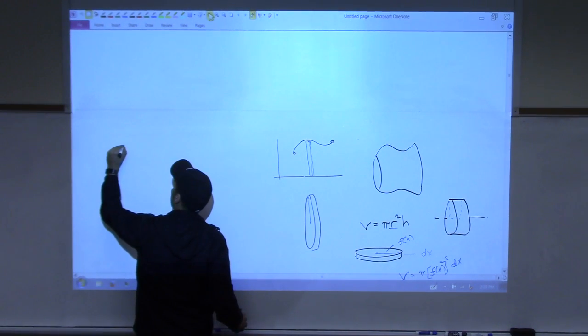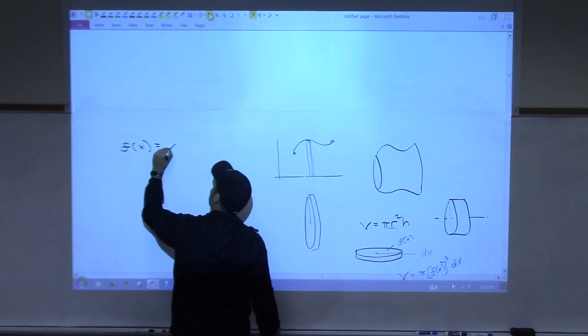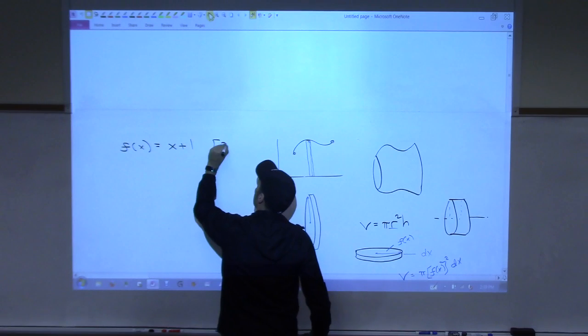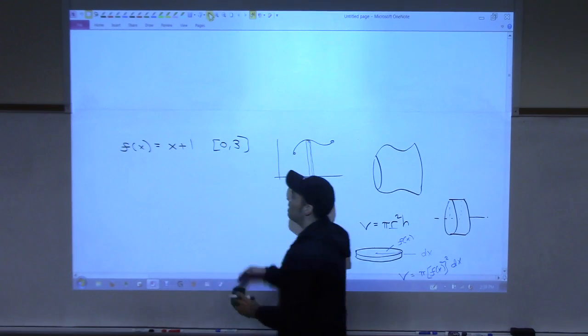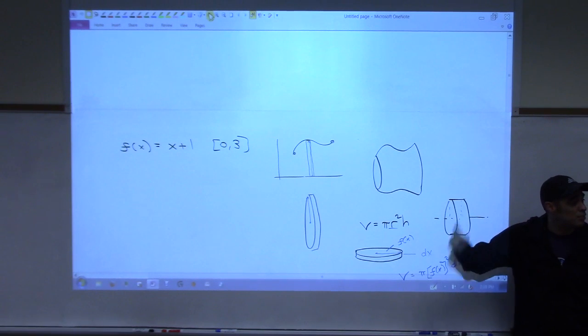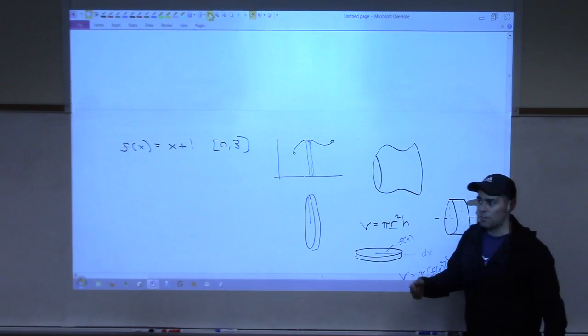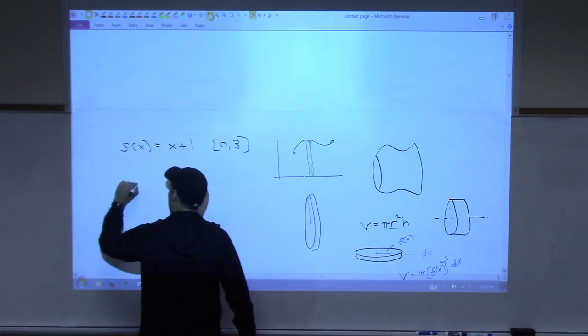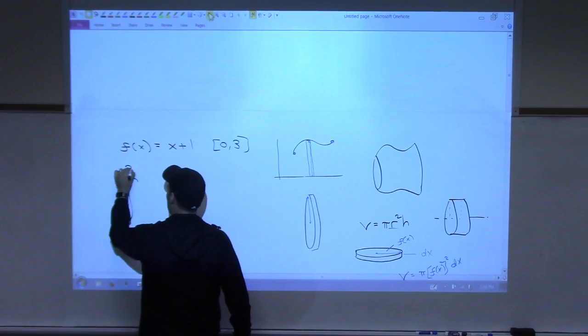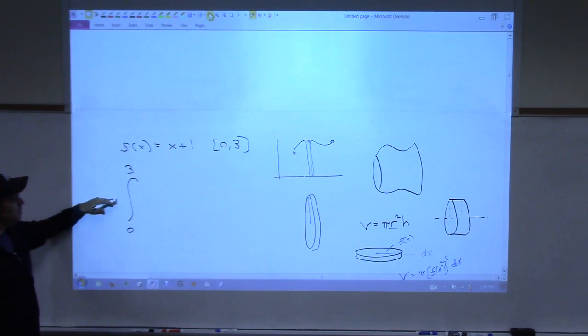Let's say I were to take f of x equals x plus 1. Remember that one we did on 0 to 3? And this time, instead of me asking you what the area below it is, if I asked you to wrap it around the x-axis and give me the volume, here's what you would do. Integral 0 to 3. The integral is telling you, look, I'm about to add up a bunch of stuff right now, a bunch of it. Now what am I going to add up?